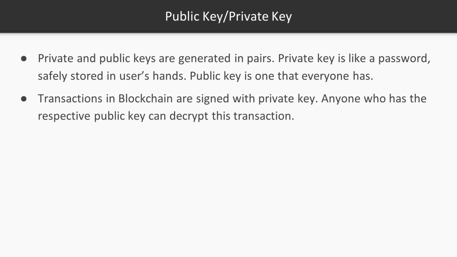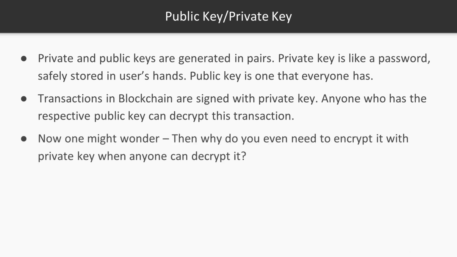Transactions in blockchain are signed with the private key. Anyone who has the respective public key can decrypt this transaction. Why do you even need to encrypt it when the private key is with you and the public key is with everyone? I'll give you an example here.